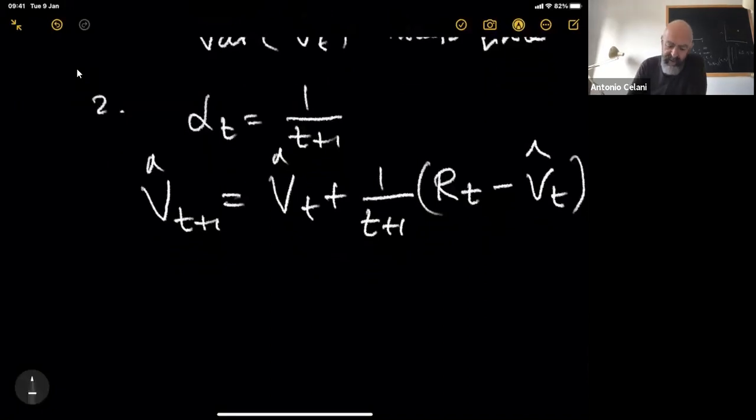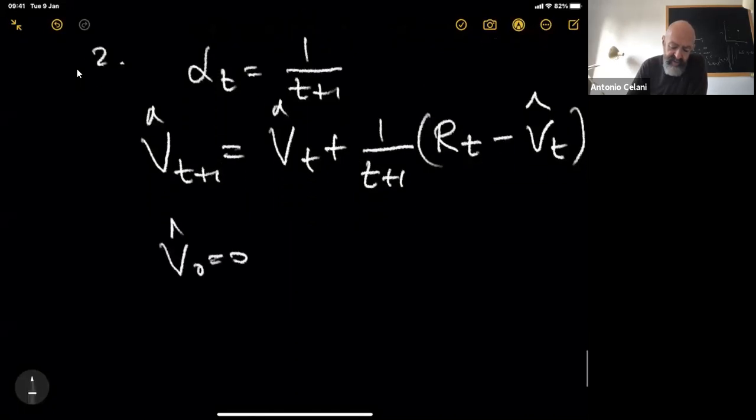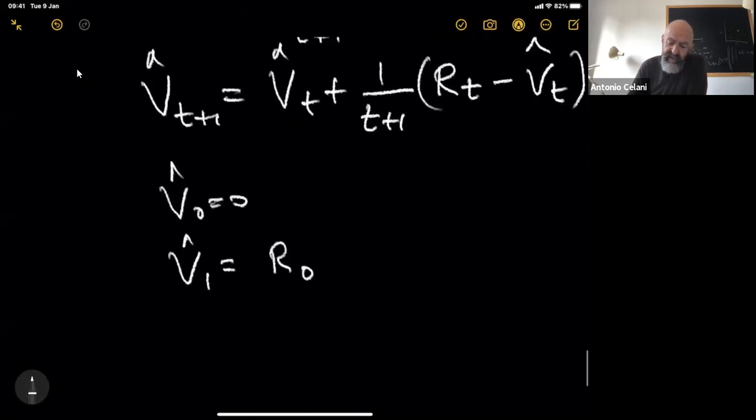So let's repeat the exercise that we did just a second before. Now let's start with V0 equals 0. Then we have our first choice, which tells you that V1 is equal to R0.